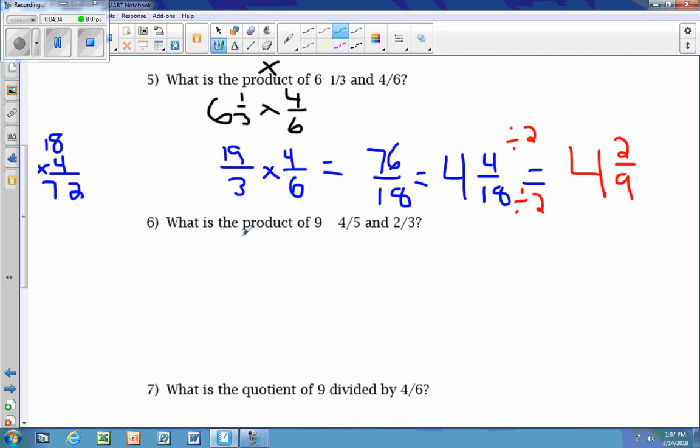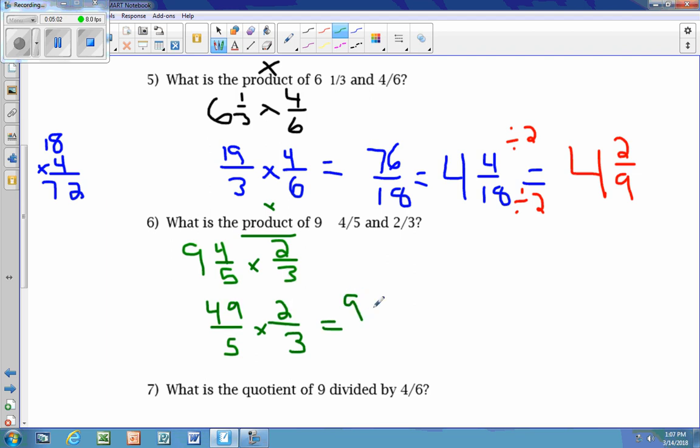Okay, next, product, again, is to multiply. So we have 9 4/5 times 2/3. We cannot leave 9 4/5 as a mixed number. We said before we have to change it. So 5 times 9 is 45, plus 4 is 49, and we have 49/5 times 2/3.